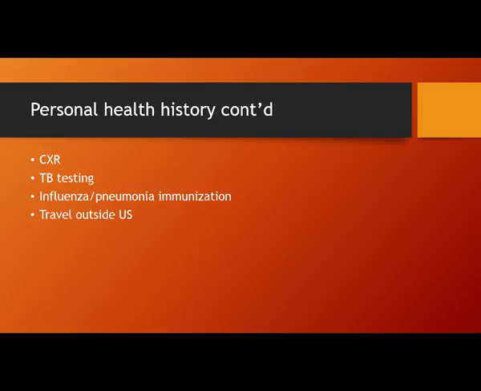You'd want to ask about travel outside of the United States for various things. For TB risk, because there are many places, and even in the US there are areas where there's a lot of TB, but particularly if you traveled outside the US to areas where there is TB.